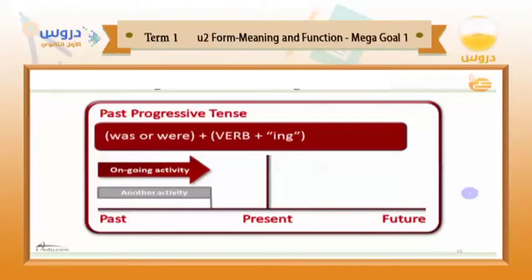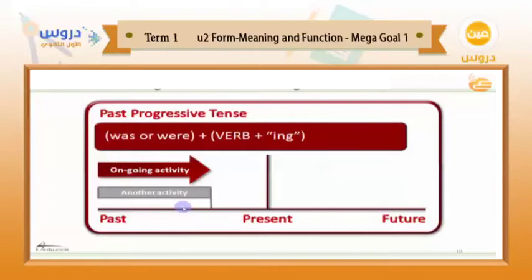In the past progressive structure, was or were comes after the subject, plus the verb plus ing. An ongoing activity, another activity. And keep in mind we do not use the present because we are talking about progress action and continuous action.